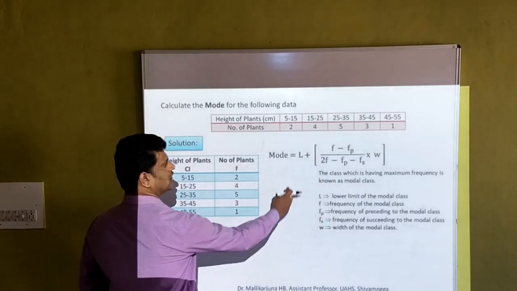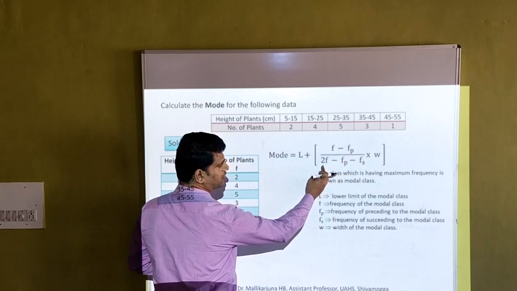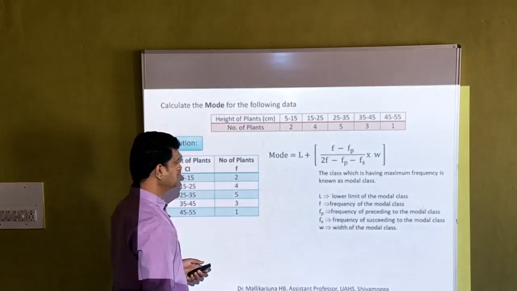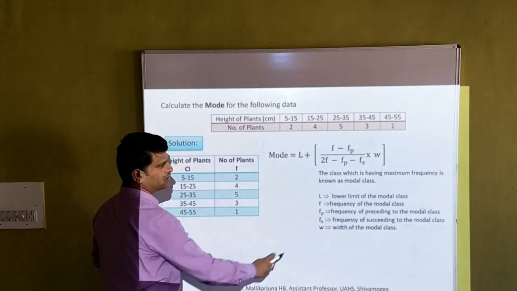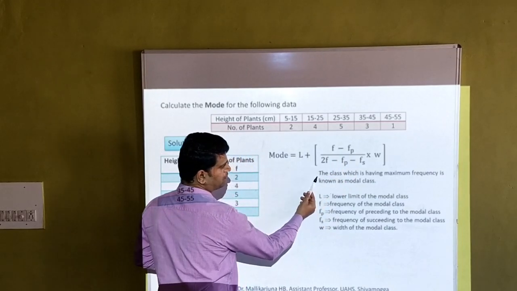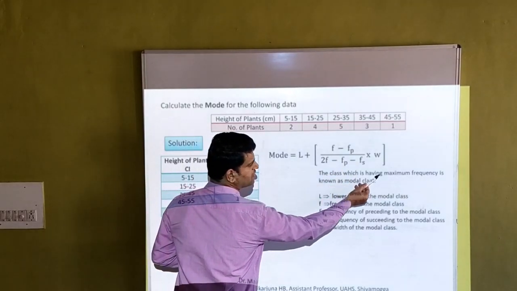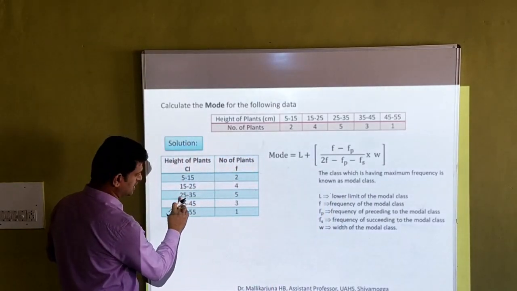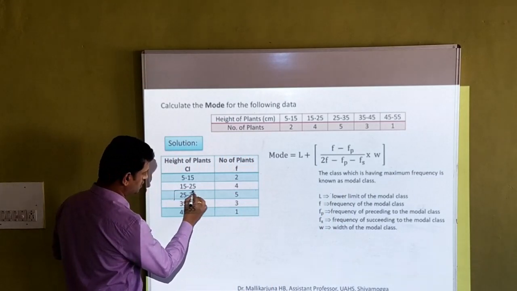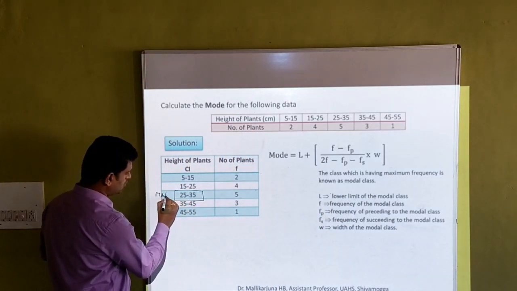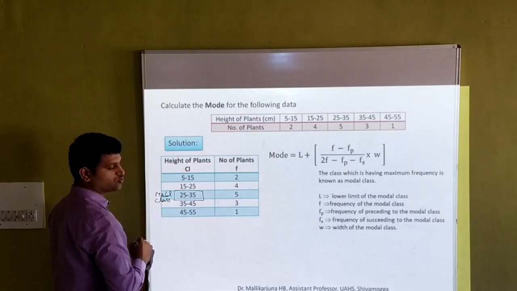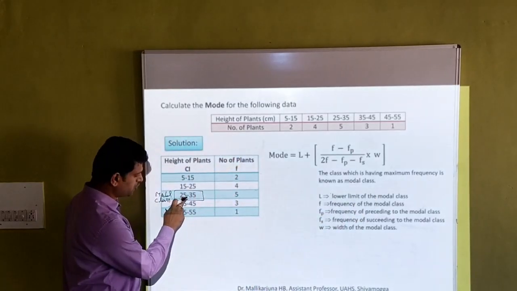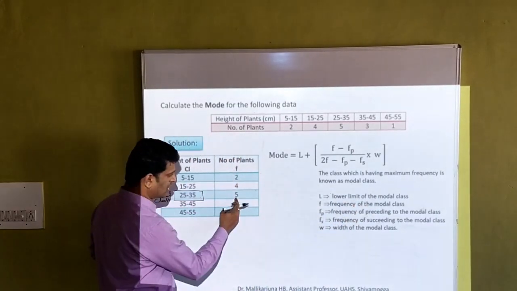Mode is equal to L plus F minus Fp divided by 2F minus Fp minus Fs, into W. Before the explanation, the class which has the maximum frequency is known as the modal class. This one, 25 to 35, is the modal class, and L is the lower limit of the modal class, 25. F is the frequency of the modal class, 5.